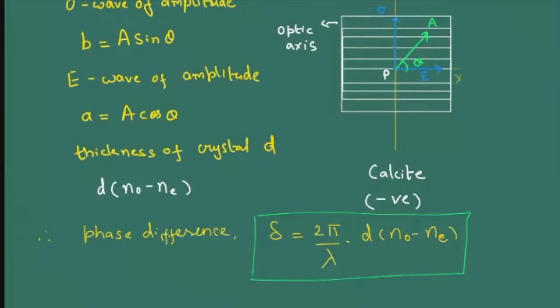So now we are going to discuss what the state of polarization will be depending upon theta and delta. Here theta is dependent upon the angle between the optic axis and the state of polarization of the incident plane polarized light, whereas delta is the phase difference created by d, the thickness of the crystal.